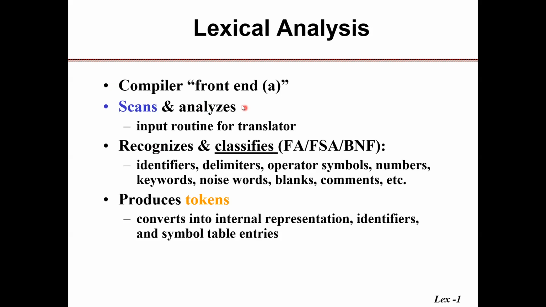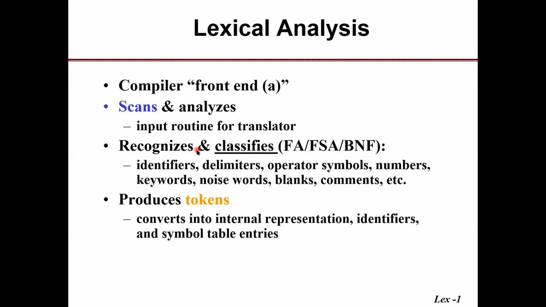So first thing it's going to do is read, or scan as we call it, your source code file as the input for what this translator function is going to do. It's going to analyze what it has scanned by recognizing input, if it can recognize it according to the rules you define for this language, and it's going to classify it.